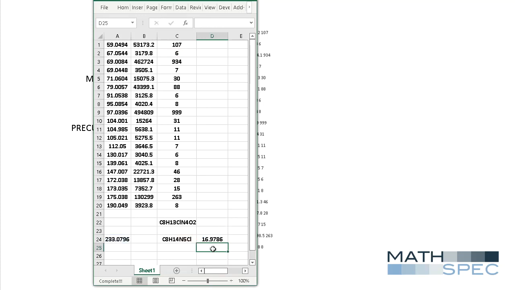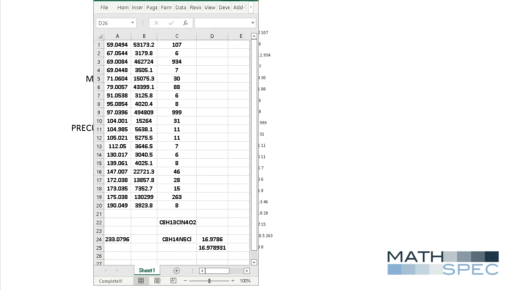So it's 16.9786. Now we could do the mass of an O2 minus the mass of NH. Okay, and it's almost identical. So this formula does indeed look really good for the unknown metabolite.